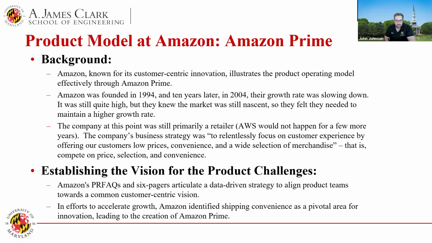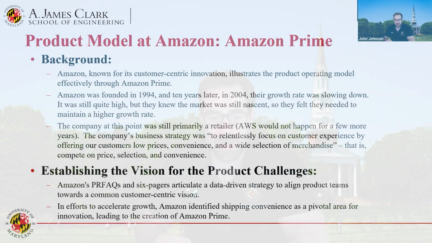They were trying to grow, and they knew that they were going to continue to have issues, especially around the areas of convenience. And so, in order to come up with a way to solve for that problem and continue their growth, they developed a vision type, which is a PRFAQ, a press release with frequently asked questions. And that press release with frequently asked questions identified a really great experience for convenience.